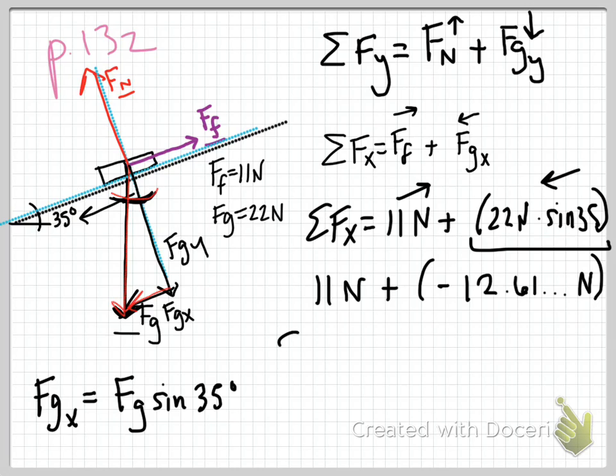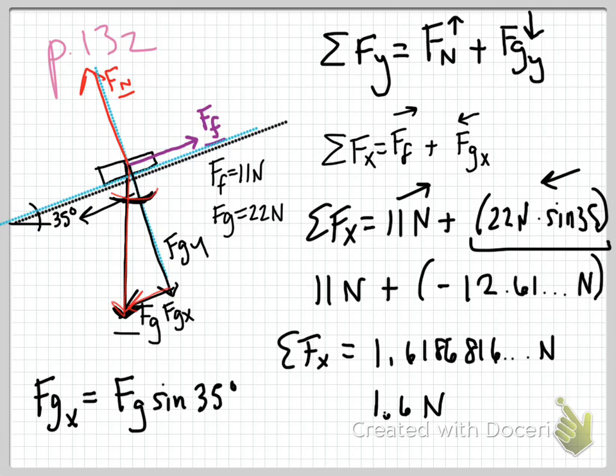So my final net force, which is going to be equal to the sum of forces on my x-axis, is 1.6186816 blah blah blah, if you have more spaces on your calculator, newtons. With sig figs, and we have, I believe, only 2 sig figs, so that gives us 1.6 newtons of force. And it's important to remember that force is a vector, so you have to give a direction for that.